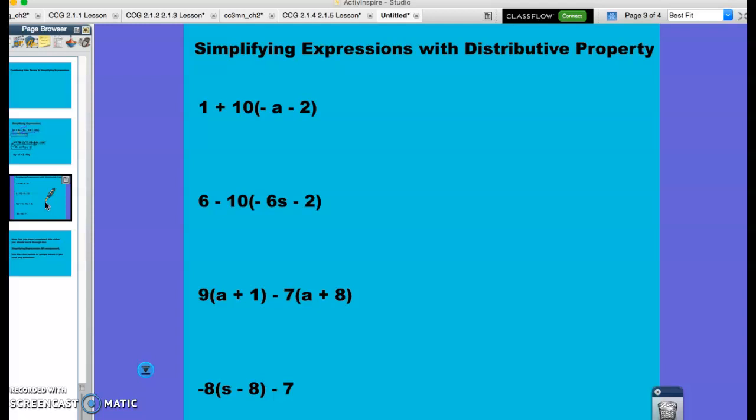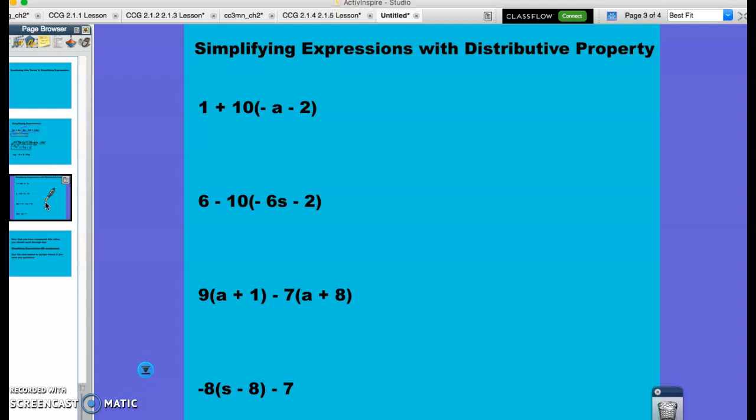Now, it looks a lot different when we do the distributive property on paper than when we use the algebra tiles. So you're going to see it done multiple ways throughout the rest of this course and throughout the rest of this chapter. But just know that on paper, this is what the distributive property looks like.